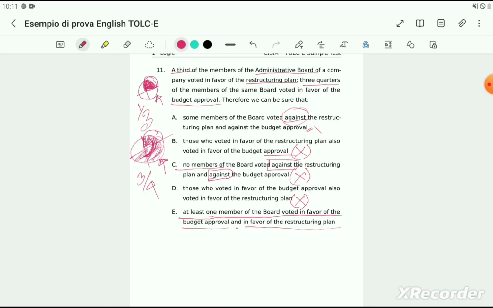Okay, so they are sitting everywhere, so there might be someone who actually voted in favor of both events. So this is also a right statement. So I will favor this answer. I will not use this one, because this 'against' is not given here, so I will go with this answer.